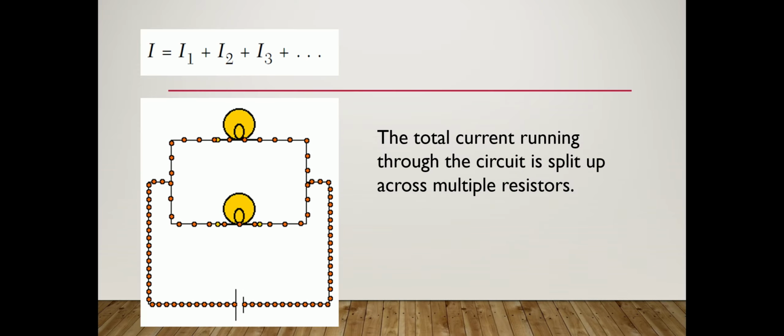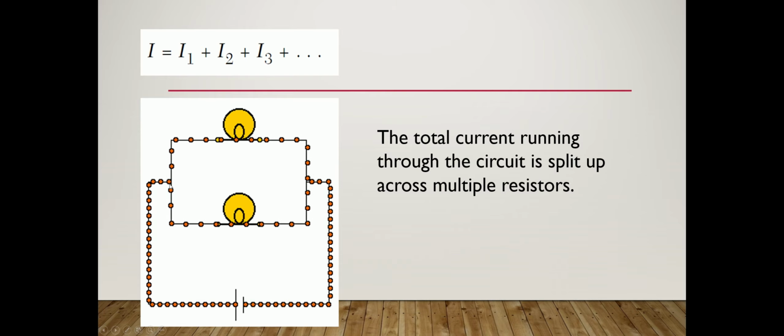So let's take a look at current. If you take a look at this GIF, you'll see the amount of electrons at the beginning of the circuit, as they go through this parallel circuit right here, the only thing that's happening is that the electrons are just getting split up.